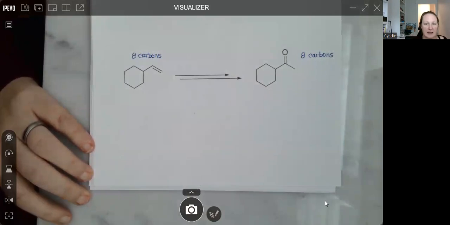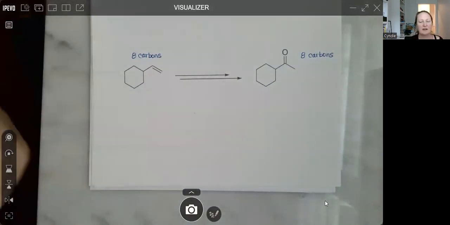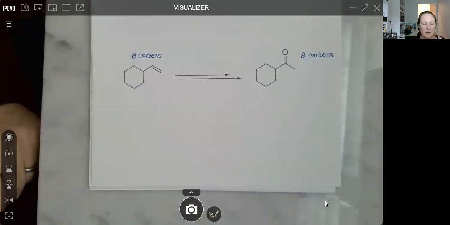But in this case, it says we have to use LAH, which is kind of strange, right? Because I can think of a way to do this without using LAH. So why don't we think about using LAH, because it says we have to in the reactant, and then talk about if we didn't have that constraint, what would be another way to do this multi-step synthesis.